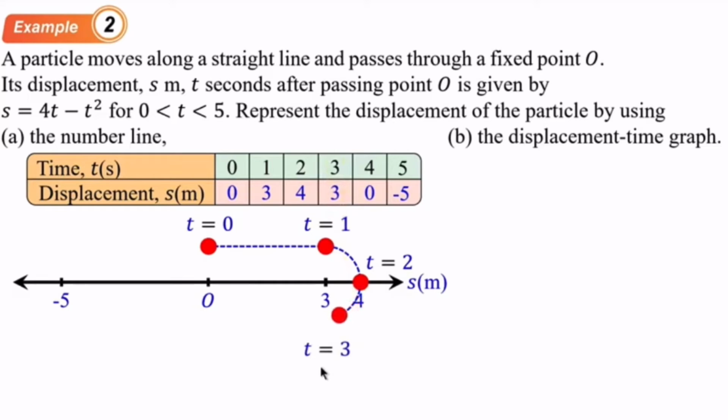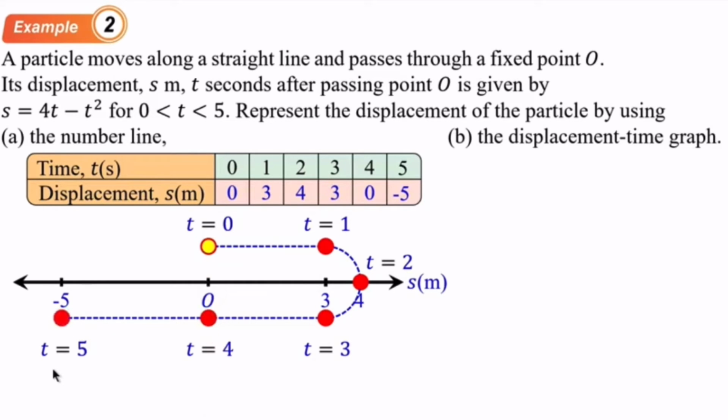At t equal to 4, the particle passes through the fixed point O, and then it goes to the left, to negative 5 meters, 5 meters to the left when t equal to 5.